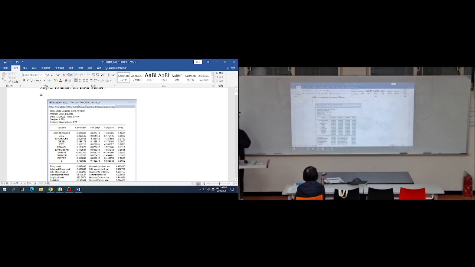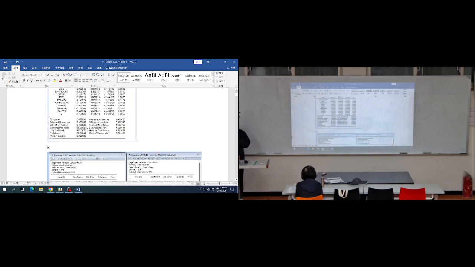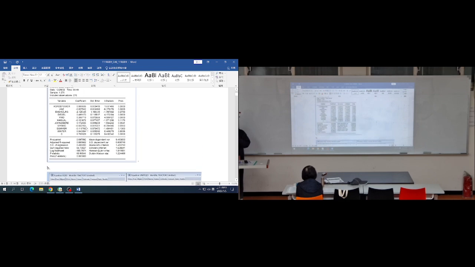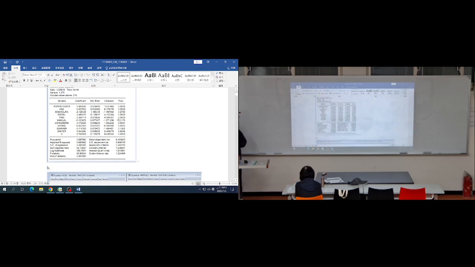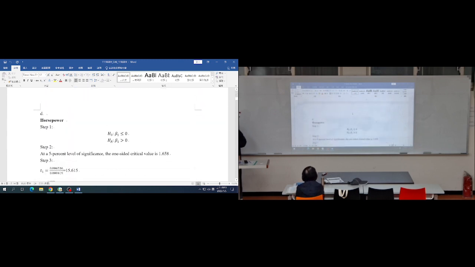In step 2, we saw the basic model, and the expected signs follow our expectation. Then go on to the E parts.